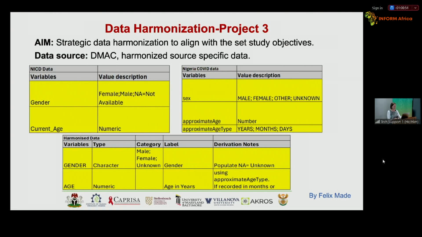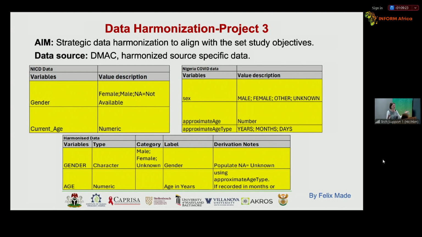So this is an example showing that the same fields in two different data sets get called different things. In the NICD data set, the variable gender is called sex in the Nigeria COVID database. And then the age is recorded as a numeric value in the NICD, but in the Nigeria CDC database, it's an approximate age.